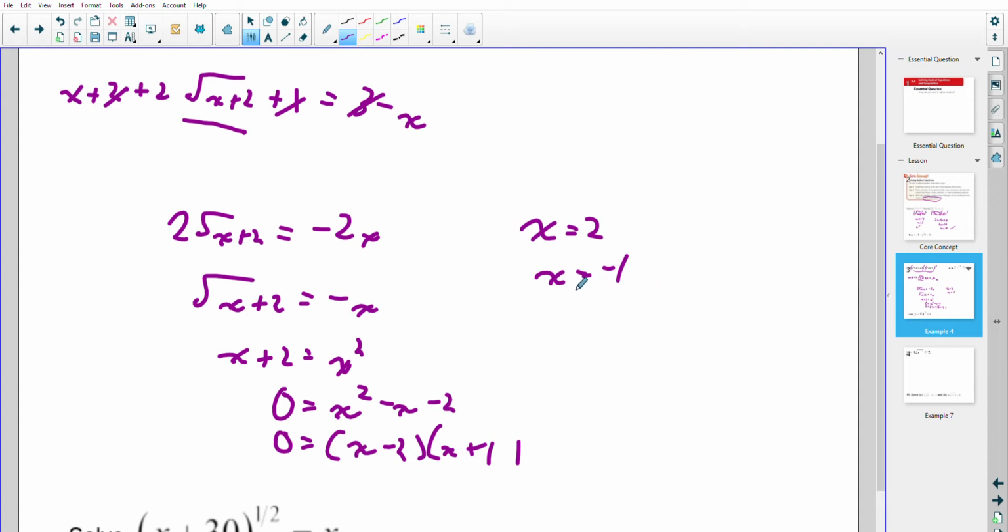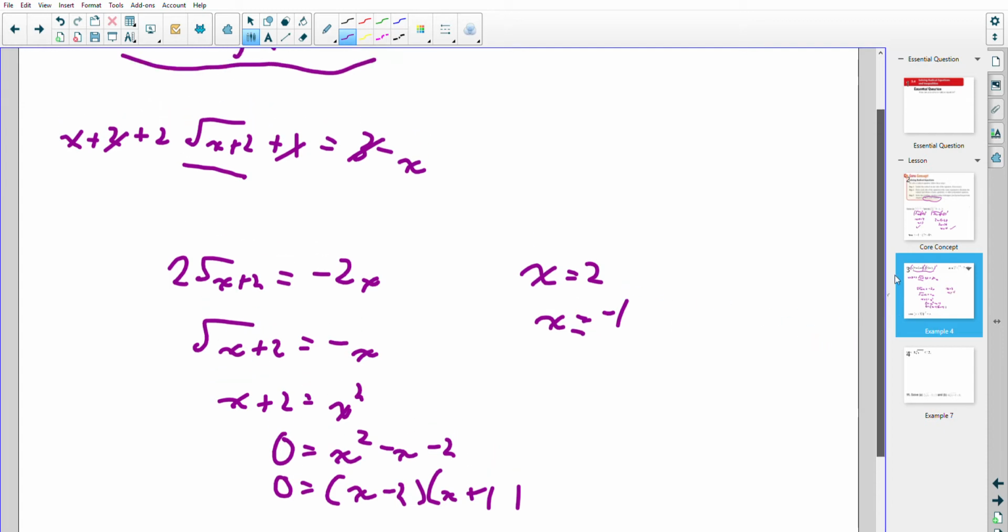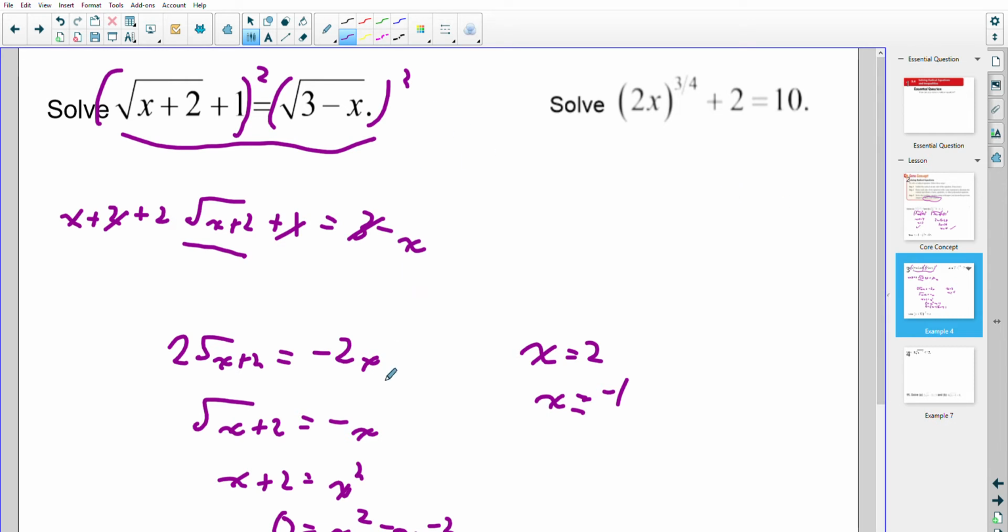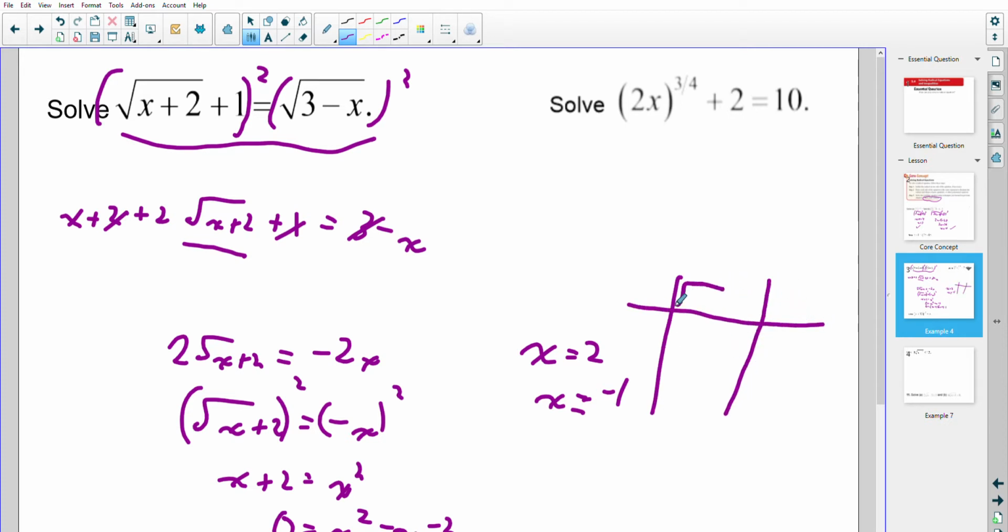Now, again, you have to check those answers because of the squaring. In fact, you squared 2 times. This would be the second time right here. So when I put those in, I get 2. And one way to do this is just make a table and see what happens in the table. So this is square root of x plus 1, x plus 2 plus 1.